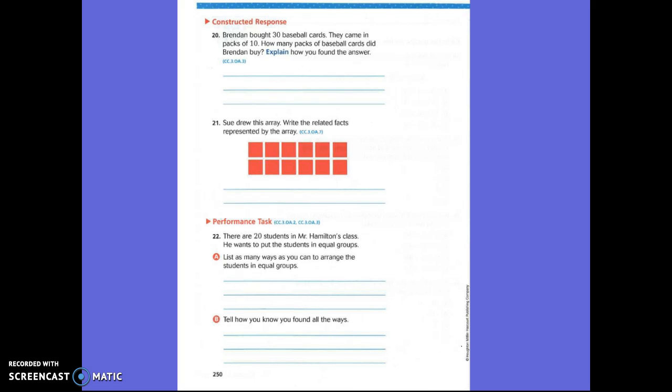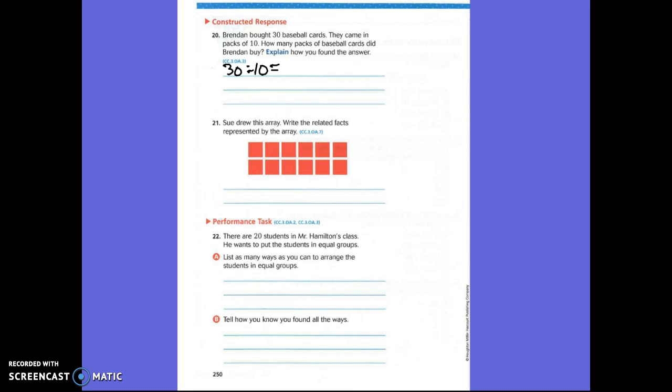So this should be division, right? Yes. So we would be doing 30 divided by 10 equals. Now, if I want to divide, what can I do?